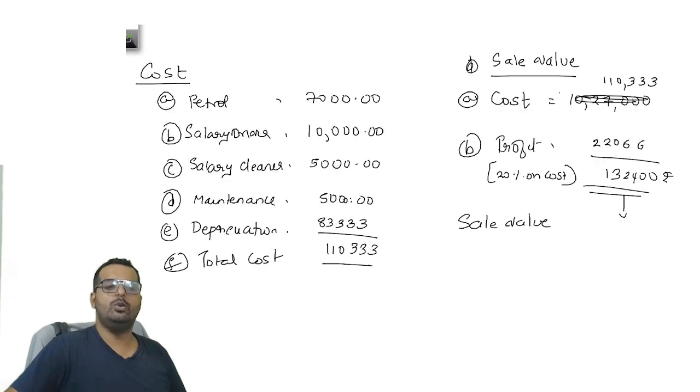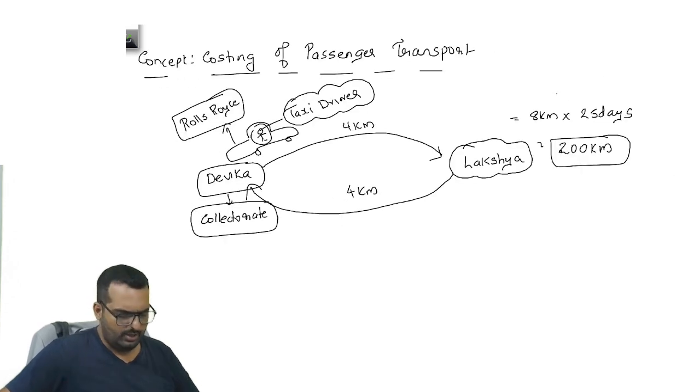Everybody clear with this? This is how we do costing for a service sector. Can you write down this in your books now?